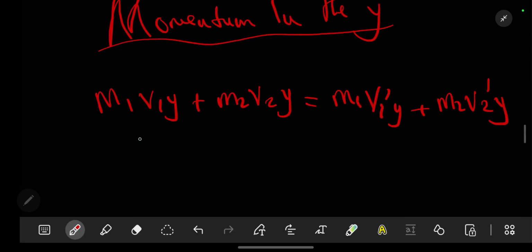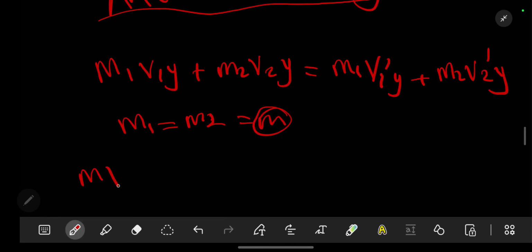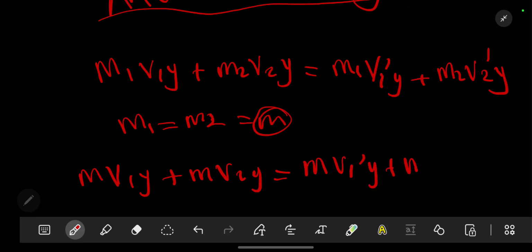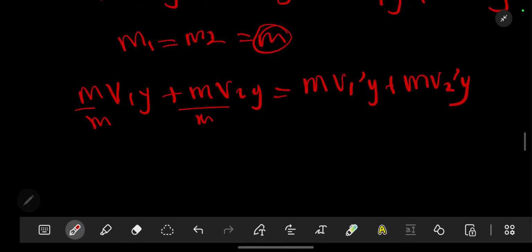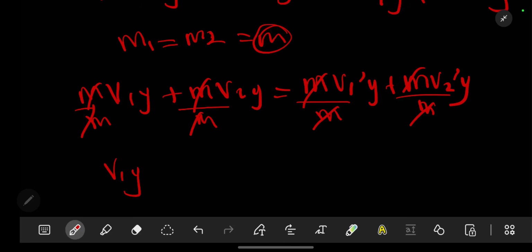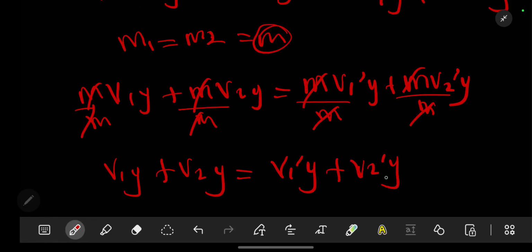In this case m1 is equal to m2, so we use a common letter m: m v1y plus m v2y should be equal to m v1 cap y plus m v2 cap y. So we divide the m throughout. This gives us v1y plus v2y should be equal to v1 cap y plus v2 cap y.